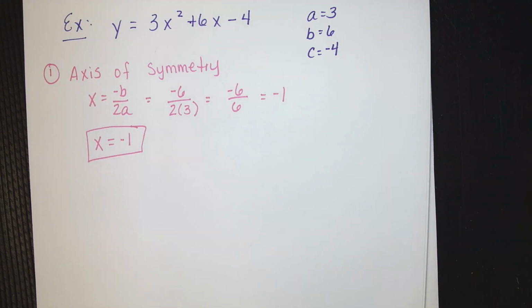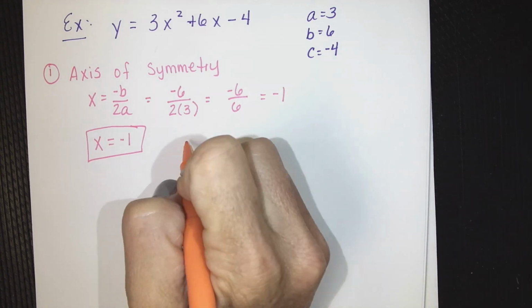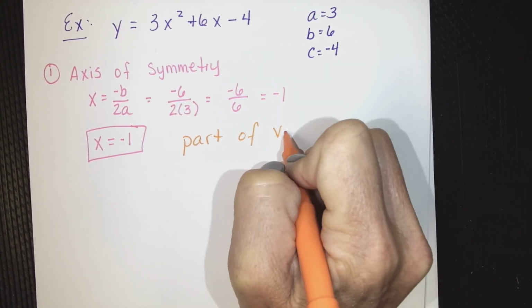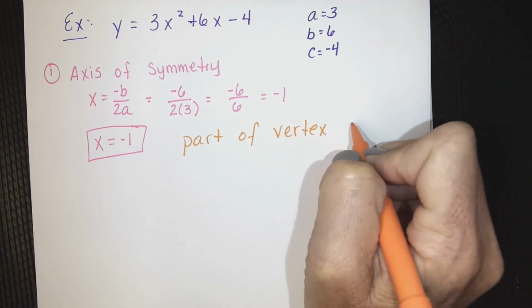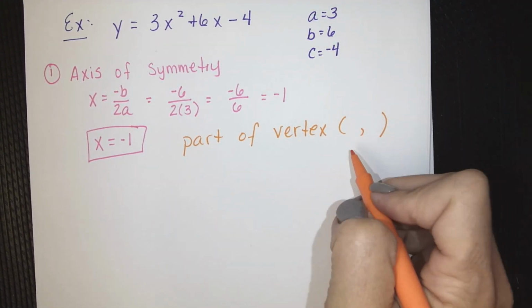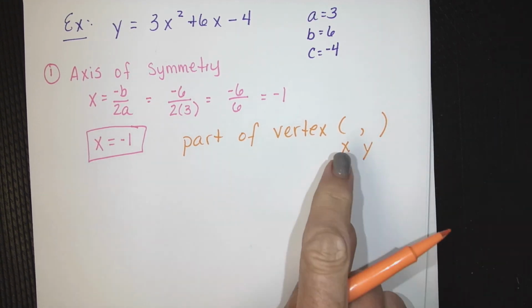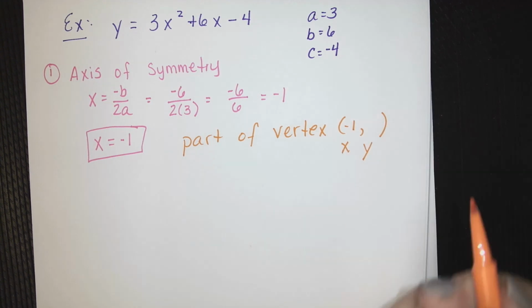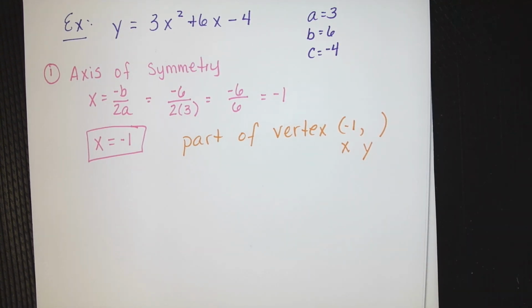Something I need you to also understand. This is also part of your vertex. Remember, the vertex is your point, the central point. Here's your x and here's your y. So what is my x? -1.